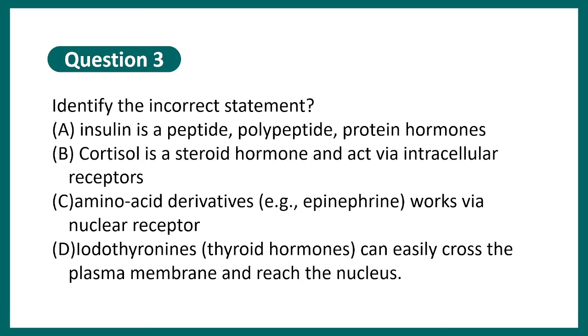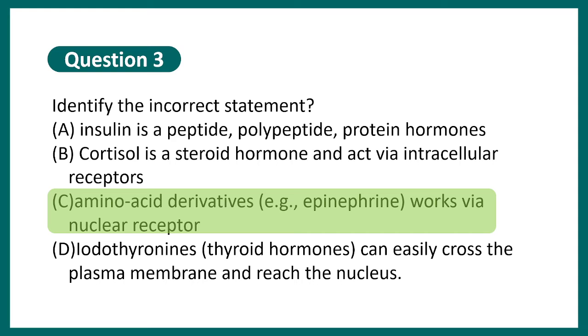So, if you have guessed it correctly, the correct answer would be amino acid derivatives, epinephrine. Epinephrine works via G protein signaling, which is also a membrane bound receptor and not an intracellular receptor. These kind of receptors or adrenergic receptors are present in muscles in higher quantity. So correct option is option C.